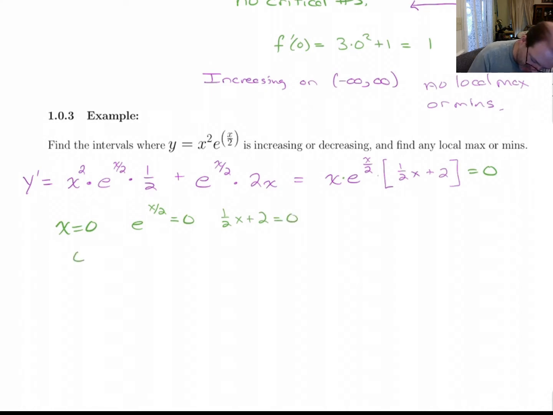So this gives me critical numbers of 0. This has no solution, so that gives us no critical number. And the last one gives you, let's see, 1/2 x equals -2, so x is -4.